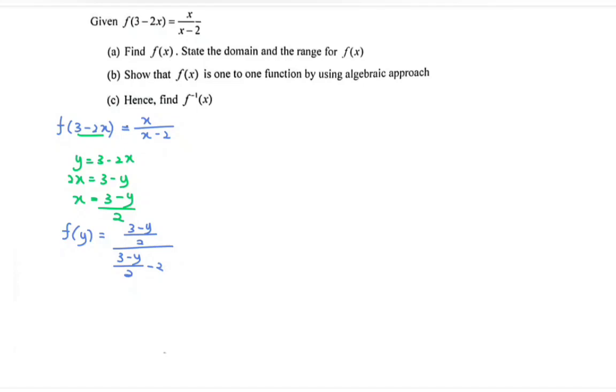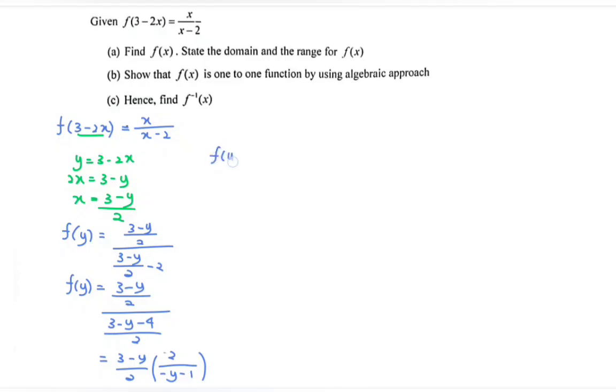Kindly equate the denominator. So we have f(y) equals (3 minus y) over 2 over ((3 minus y) minus 4) over 2. Rewrite the situation. (3 minus y) over 2, bracket, we have 2 over negative y and then minus 1. So kindly simplify the situation.